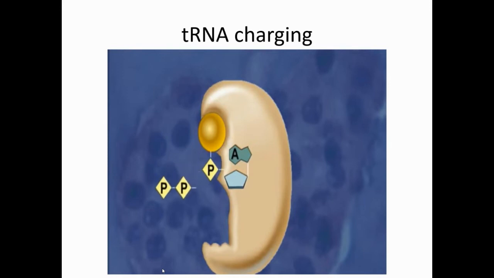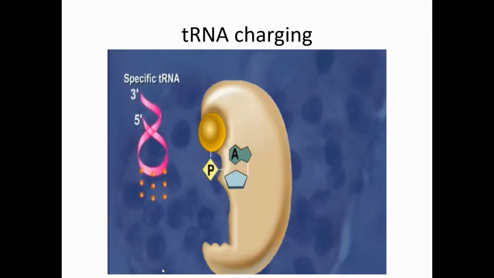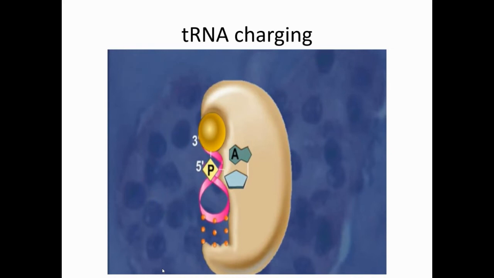A pyrophosphate is released from the enzyme. A specific tRNA that has an anticodon that corresponds to the amino acid binds to the synthetase. The RNA sequence in the anticodon region, as well as other parts of the tRNA molecule, such as the acceptor stem, are important for the recognition between the tRNA and the aminoacyl tRNA synthetase.